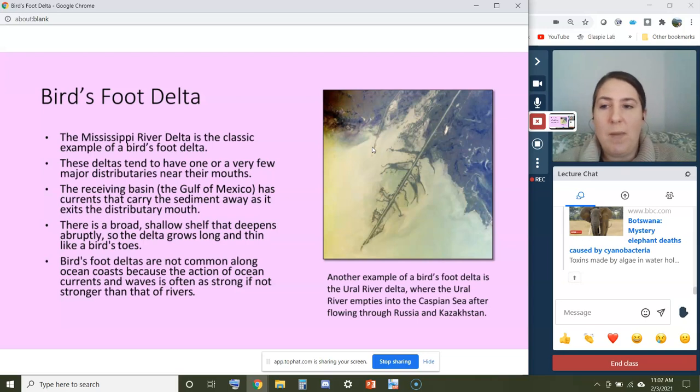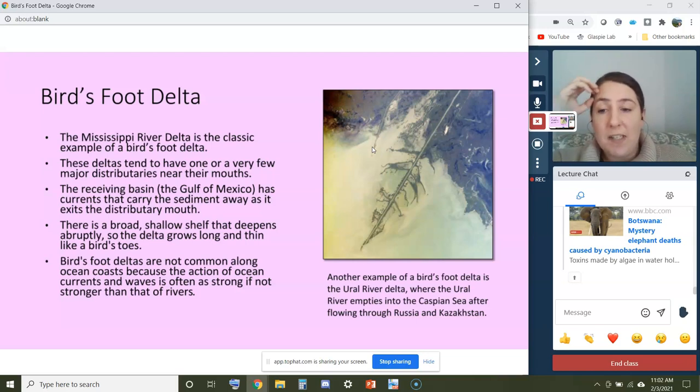Let's talk a little bit more about a bird's foot delta, which is so important for the Gulf. The Mississippi River Delta is the classic example of a bird's foot delta. These deltas tend to have one or very few major distributaries near their mouths, so most of the water is flowing through essentially one channel.